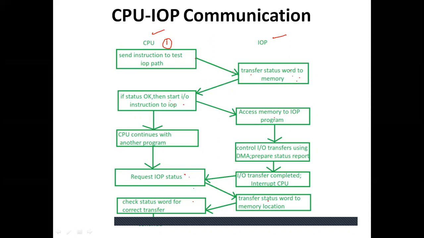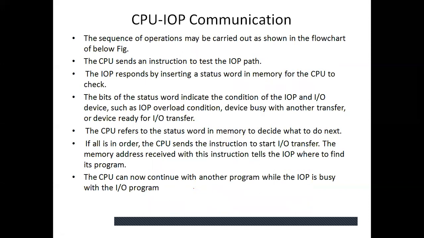These are the two important topics which you will get for the short answer. CPU to IOP communication means how the processor and the input output processor communicate. These are the actions that take place, and these are the steps that are followed when we communicate between the CPU and IOP.